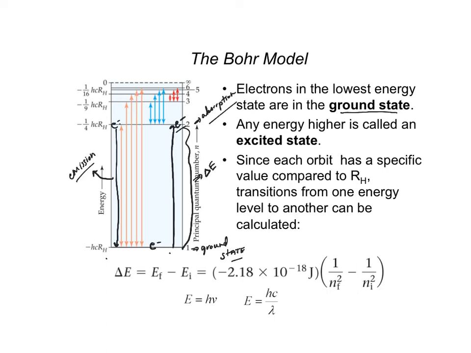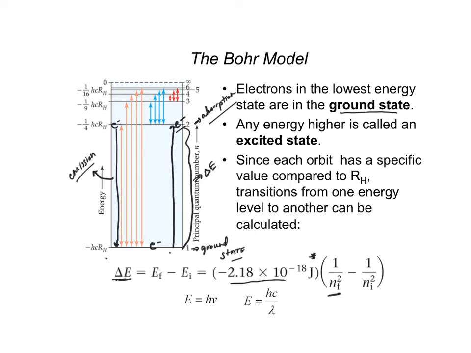And we can actually calculate this difference in energy between these various states via this equation, right? So this is how you would calculate the difference in energy between these various energy states for the hydrogen atom. So this is essentially a constant, 2.18 times 10 to the minus 18th joules, times 1 over nf squared.